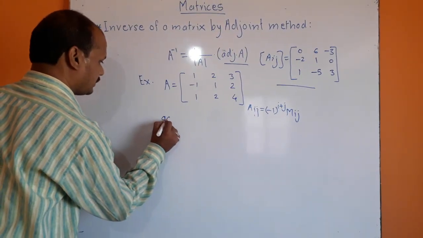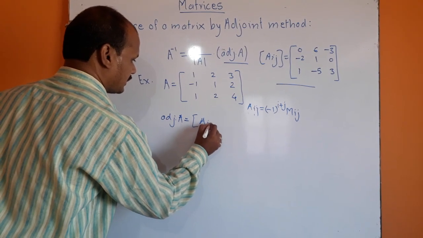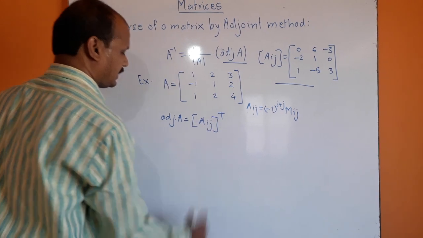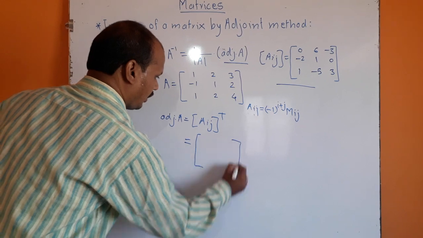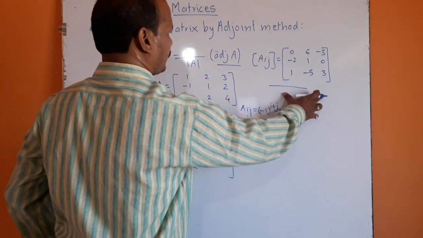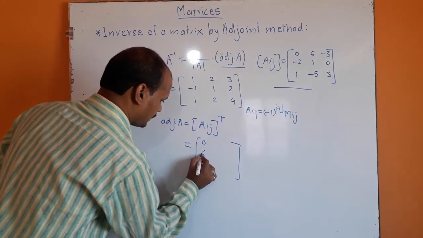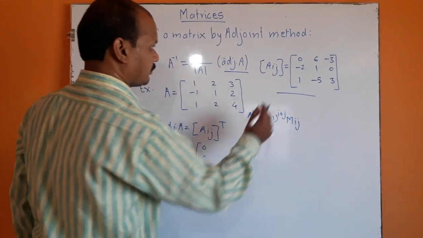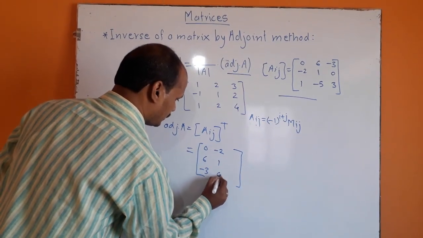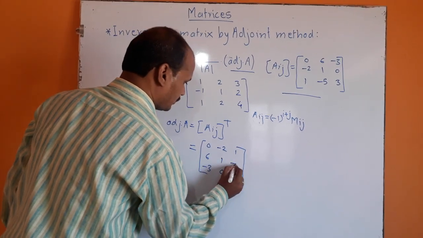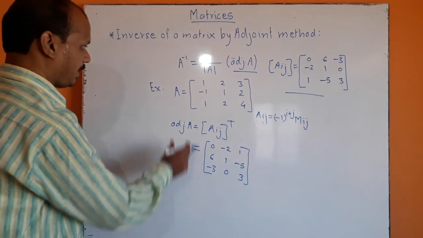Now write down the adjoint. Adjoint of A is equal to the transpose of the cofactor matrix, that is Aij transpose. You can get the transpose of this matrix by changing rows into columns. First row as first column: 0, 6, minus 3 becomes the first column; minus 2, 1, 0 becomes the second column; 1, minus 5, 3 becomes the third column. This is the adjoint of the given matrix A.